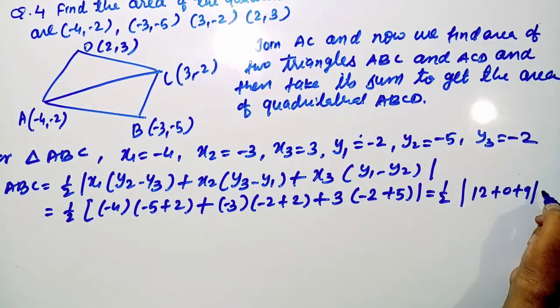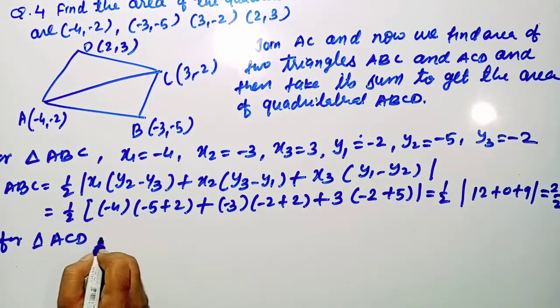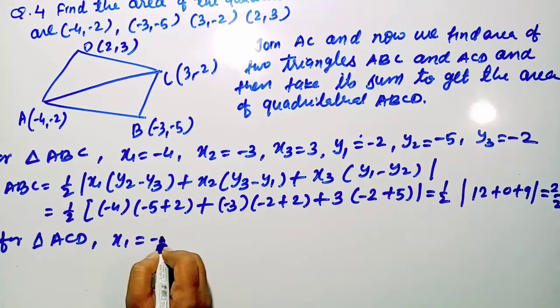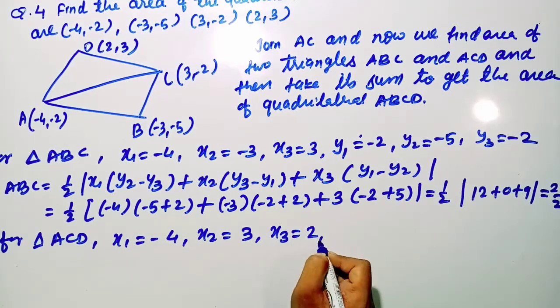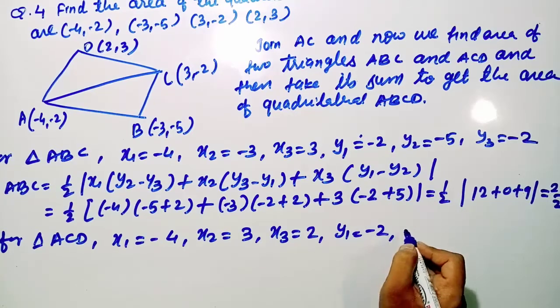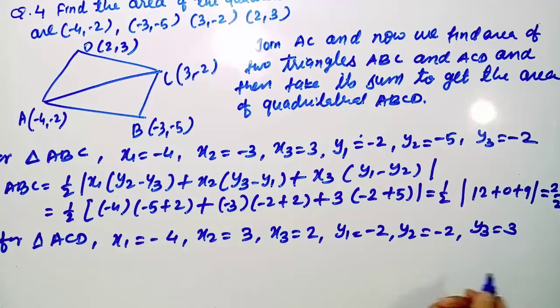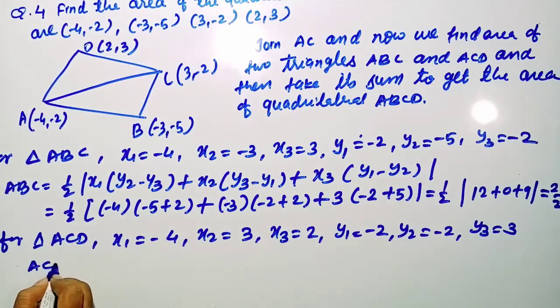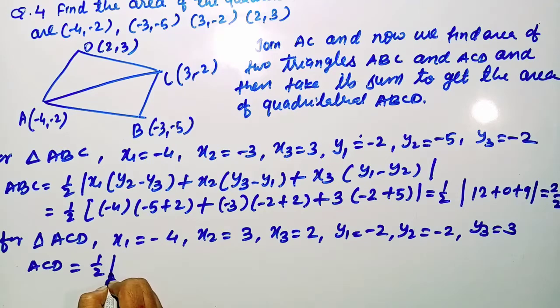Simplifying, we are getting 23 by 2, right? Now for triangle ACD, again representing the values of x1, x2, x3 and y1, y2, y3, we put the values of these terms in the area of the triangle formula.